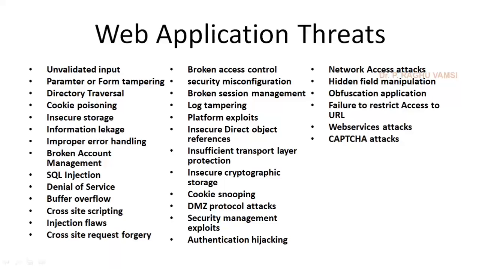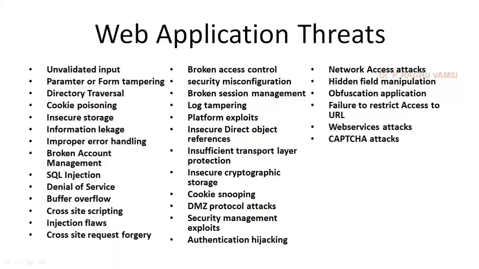There is a possibility of directory traversal, cookie poisoning, and sometimes insecure storage of the application content. Information leakage is a main threat. To avoid information leakage, we may use some encryption mechanisms. That means improper encryption mechanisms used by web applications may also lead to information leakage.